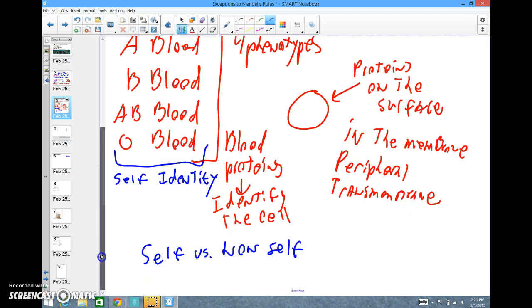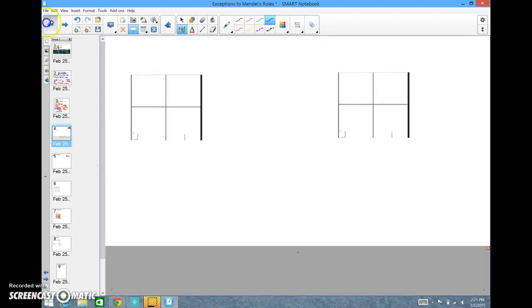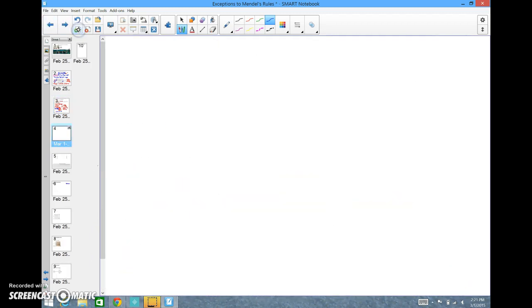Now, what happens with blood type is, if this is your red blood cell, what you might have on your red blood cell is proteins that look like this. Obviously, they don't look exactly like this.